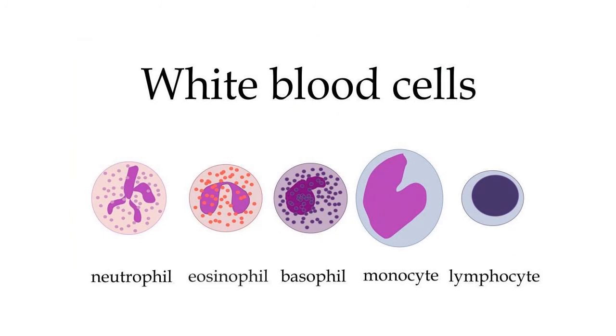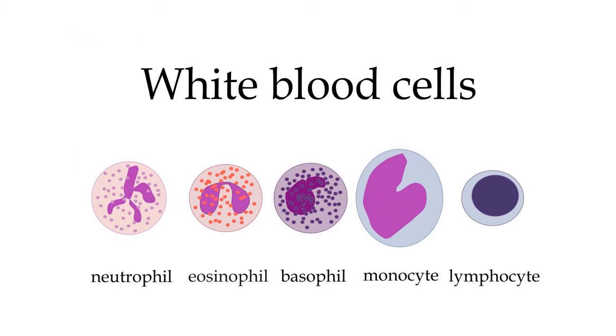Now, these white blood cells are of five types. The first we have neutrophils. Neutrophils are a form of WBCs that are an essential part of the innate immune system. Second, we have eosinophils, which protect us from disease causing bacteria. Third, we have basophils.